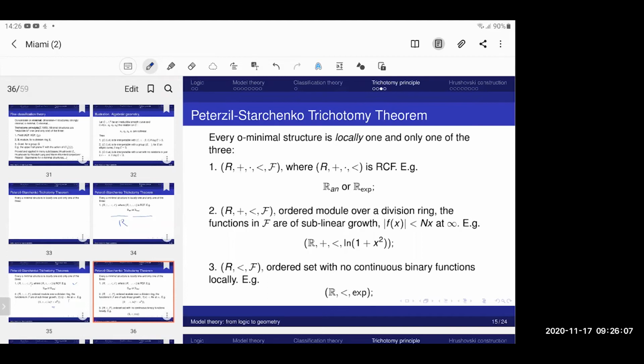The example you see here on the slide is the reals with order and exponentiation. If you start with this sort of structure, it is what I already called a structure of trivial type geometry. Okay.